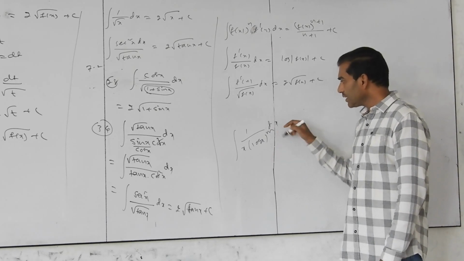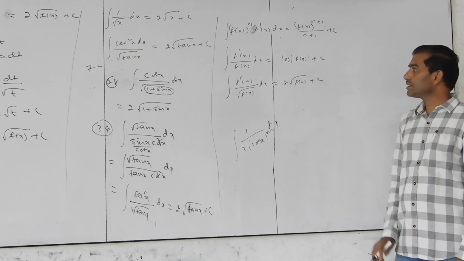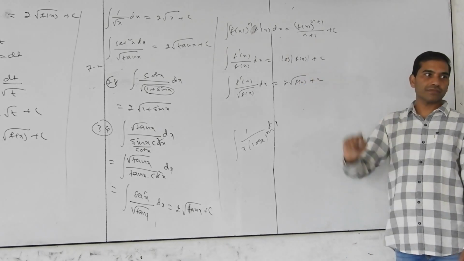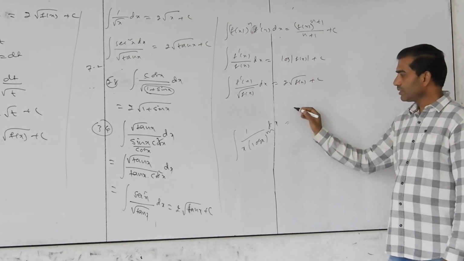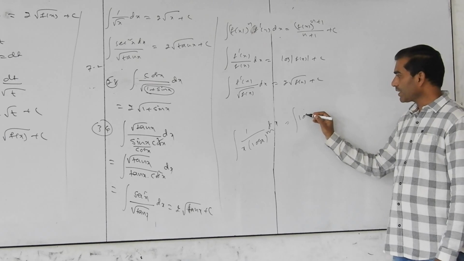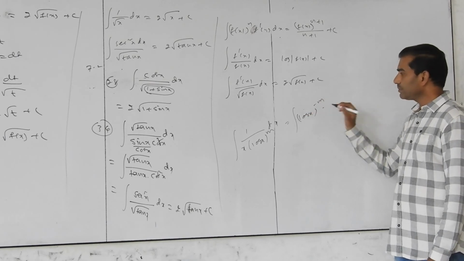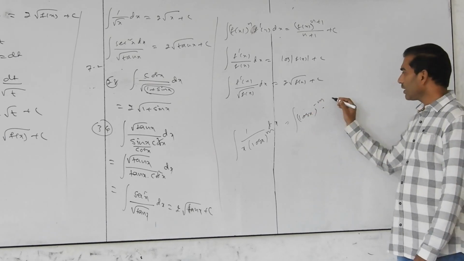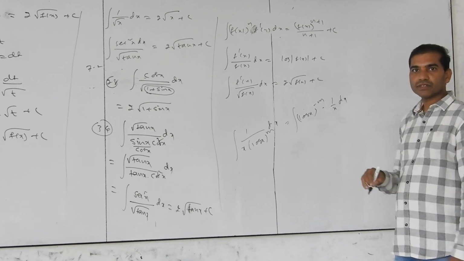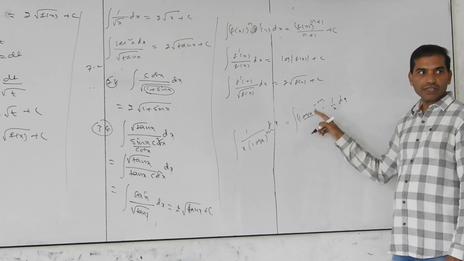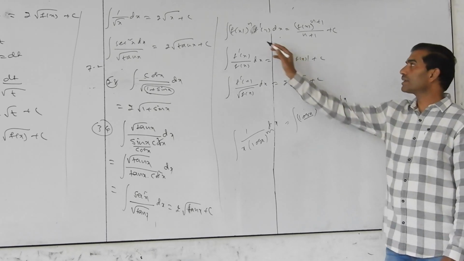Integration of, see, just now we have discussed 1 by x into log x whole power m dx. Which formula does this contain? First. How? This takes log x whole power minus m into 1 by x dx. See, f of x whole raised to n, f of x differentiation 1 by x.